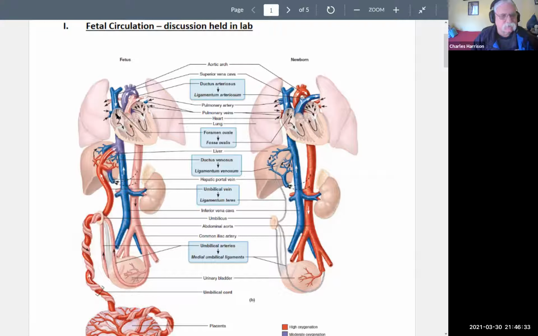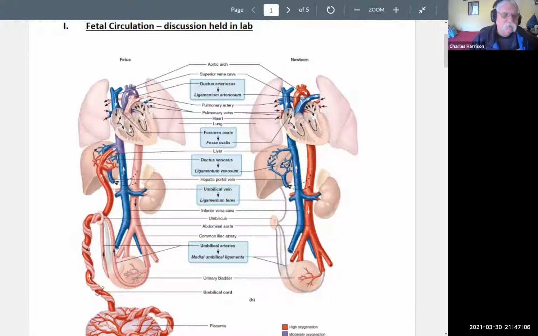It's a mixture of very highly oxygenated blood, vena cava blood from below and vena cava blood from above, which is partially spent. This has now got to move out of this chamber. One way, the typical way, is for it to move through the tricuspid valve and into the right ventricle.